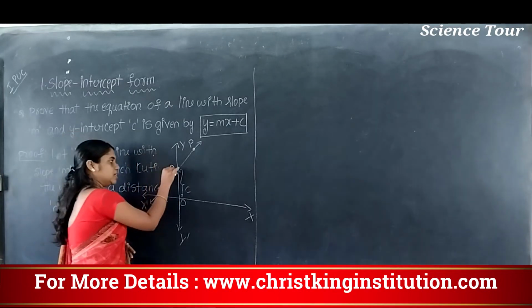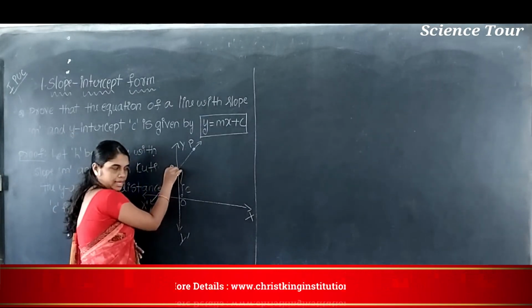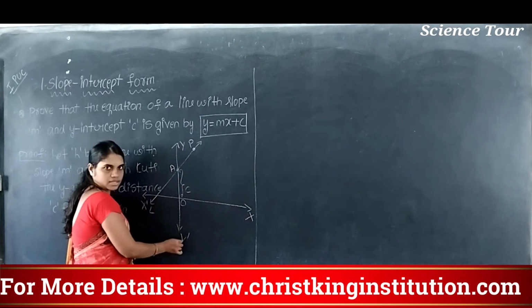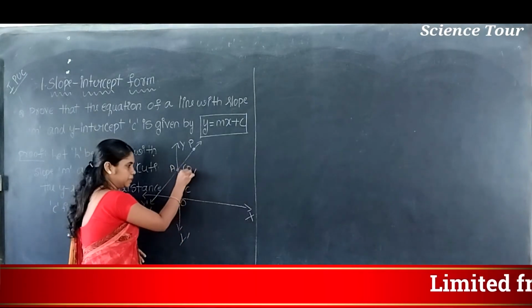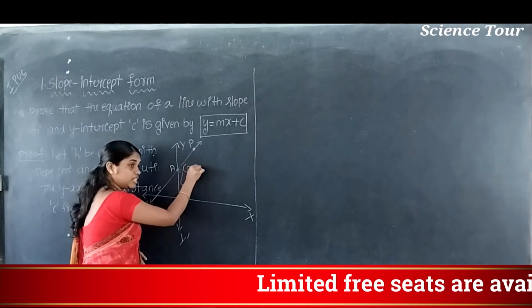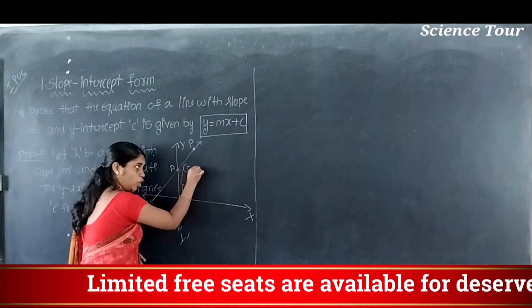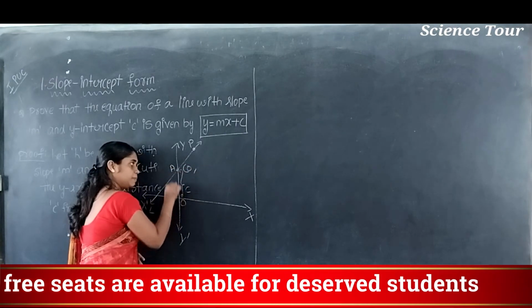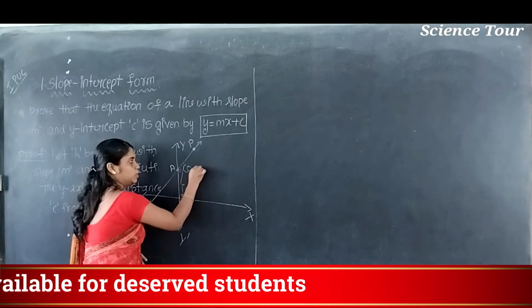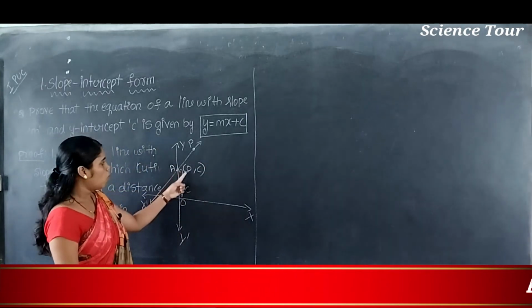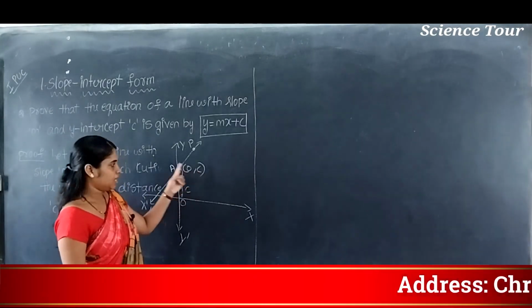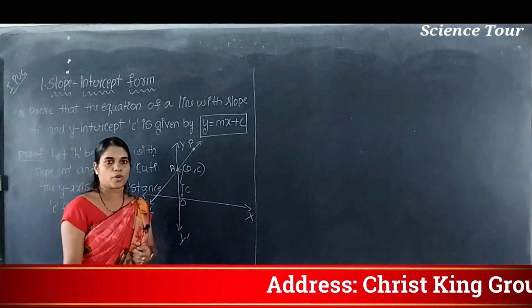See here, this point A lies on the y axis, isn't it? So therefore its x coordinate will be 0. Then what about its y coordinate? Its y coordinate will be equal to this perpendicular length, that is equal to c. So therefore you can see that 0, c is the coordinate of this point A.